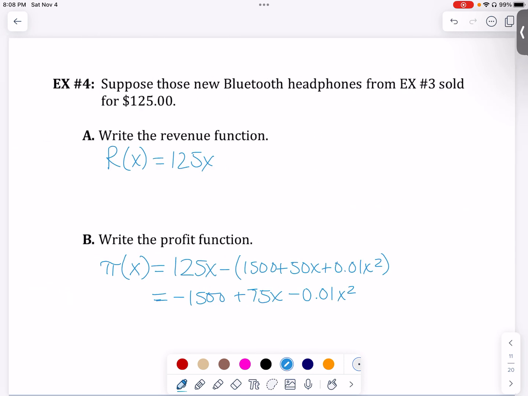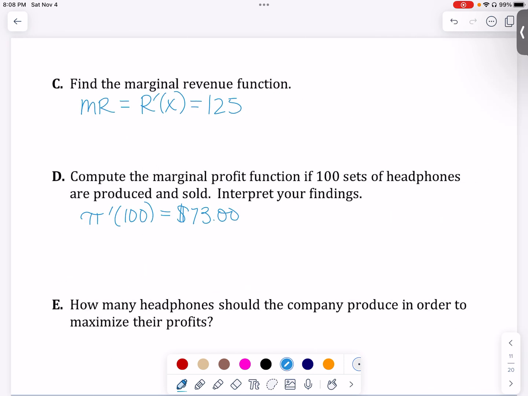Again, I had a function for pi over here, just used my calculator and derived at 100, and I found that that $73 tells me when 100 headphone sets are produced and sold, the profit is increasing at a rate of $73 per set.